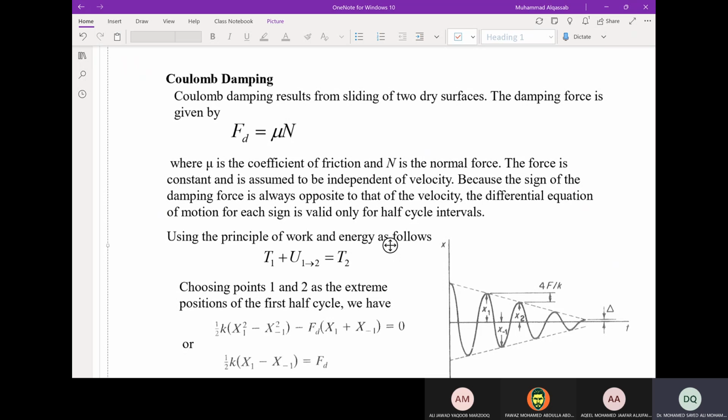Okay, here we have Coulomb damping, which is a result of two surfaces in contact in sliding mode.